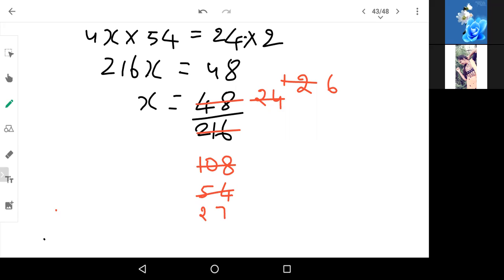Now you can take 3 1s are 3, 3 2s are 6, 3 9s are 27. So therefore your x value will be 2 by 9.